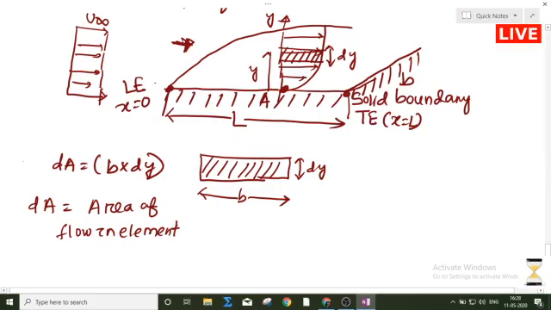Now if you consider the distance y, at this layer the velocity will be small u. What is this small u?